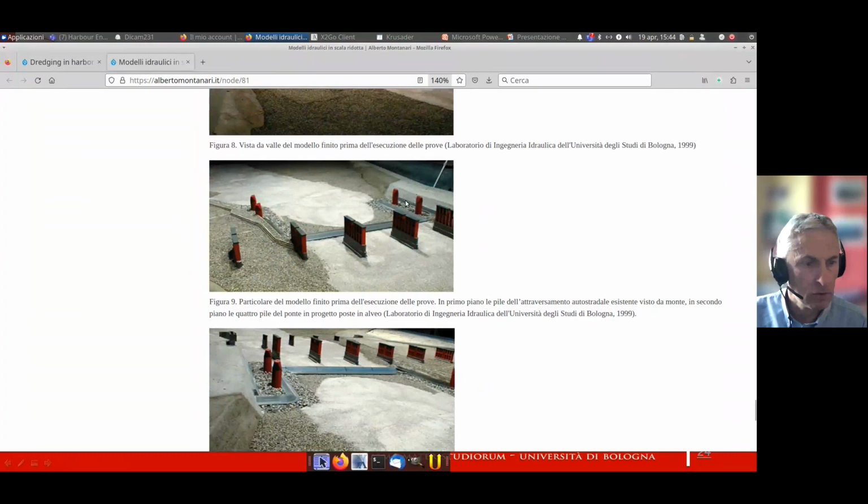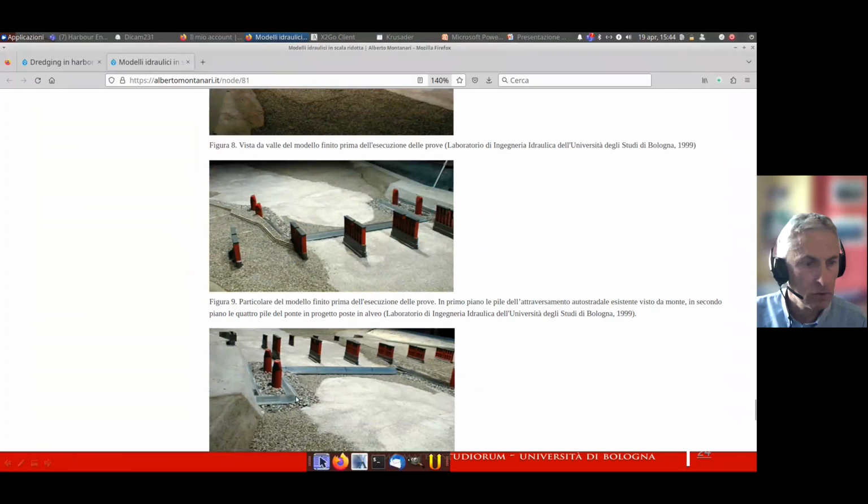And before constructing the new bridge, they wanted to see if the bridge had any effect on the river flow. Actually, the new bridge doesn't have any pier in the flow, so a huge impact was not expected, but we also wanted to check the protections, you see here there are boulders to protect the foundations of the new piers.